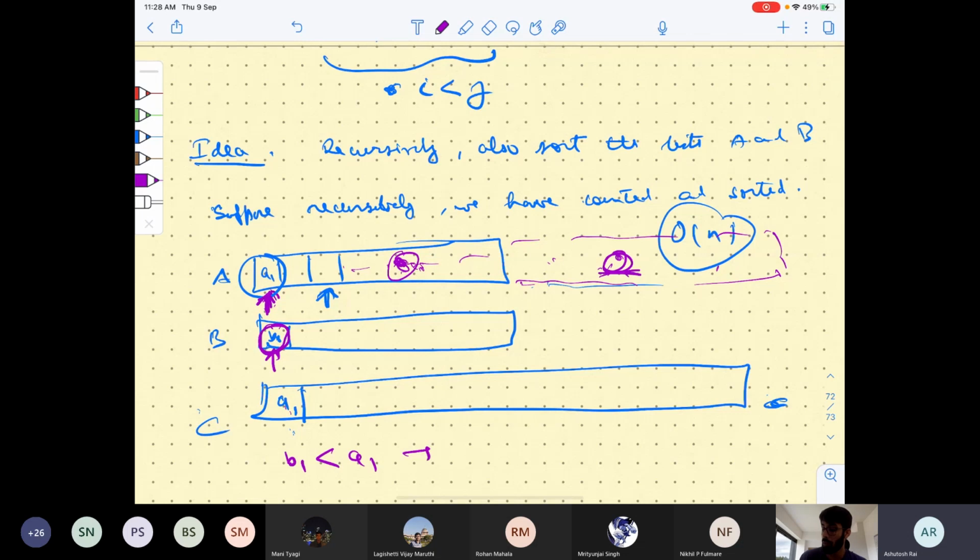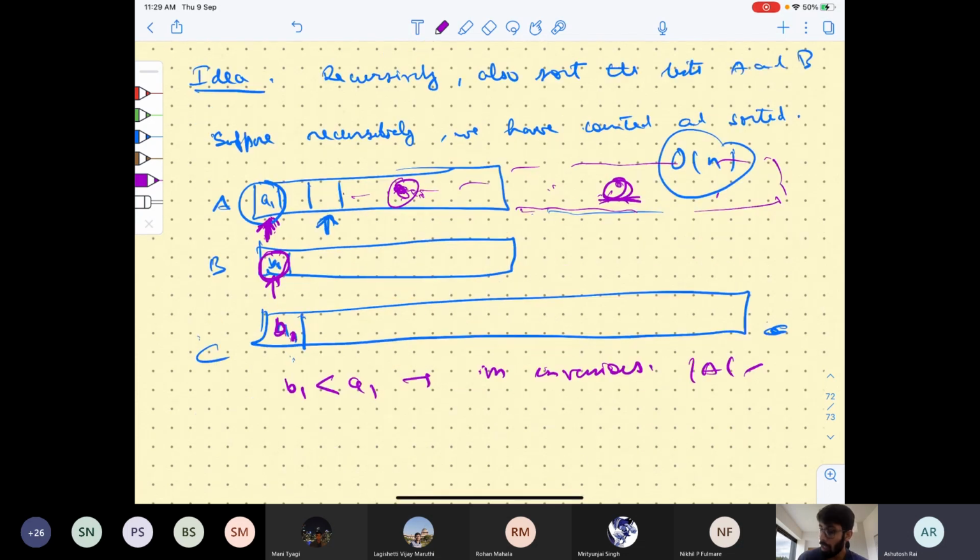Then how many inversions get caused by B1? We'll be putting B1 here, so the size of A, whatever M, because A has M elements. So whatever the size of it.